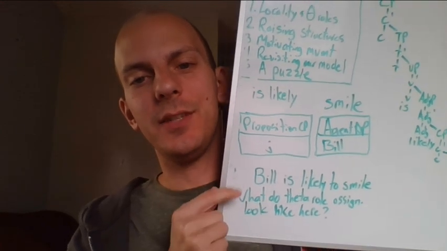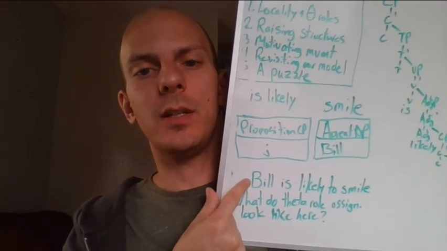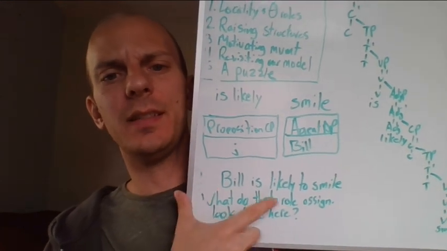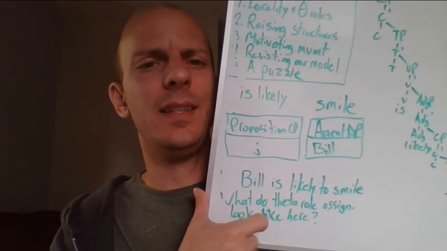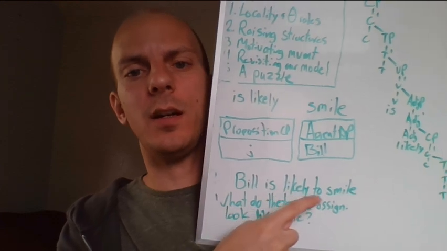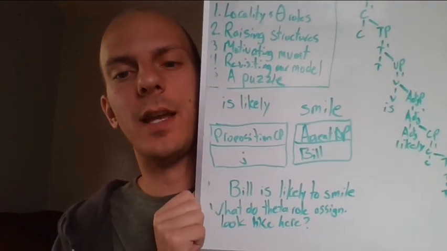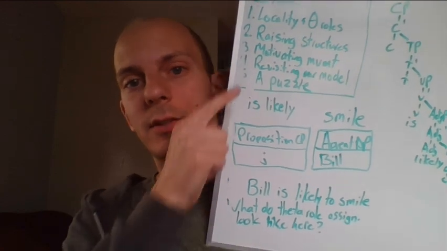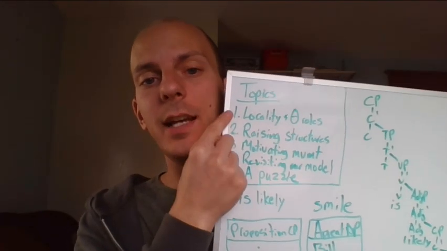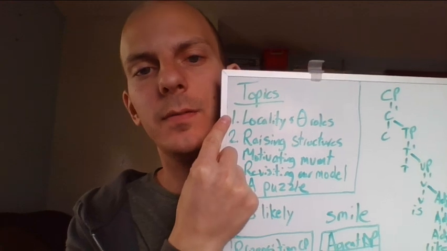Well, what else is strange is basically that Bill is appearing where it is. Bill appearing in the subject position of is likely is causing all kinds of problems. A, it's making it harder for us to see the CP, Bill to smile, to reconstruct that CP. And the other thing that it's doing is violating the locality constraint of theta roles.